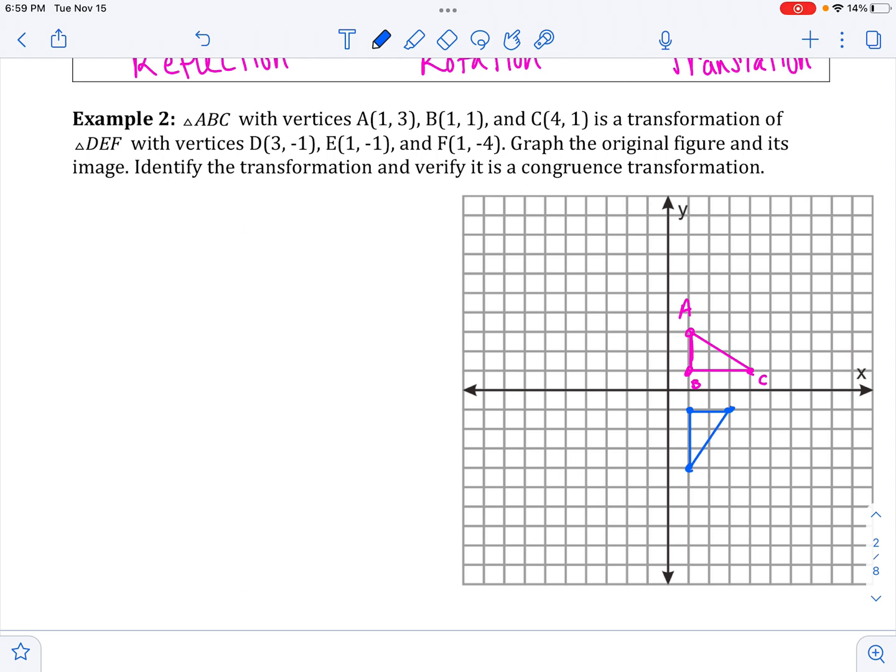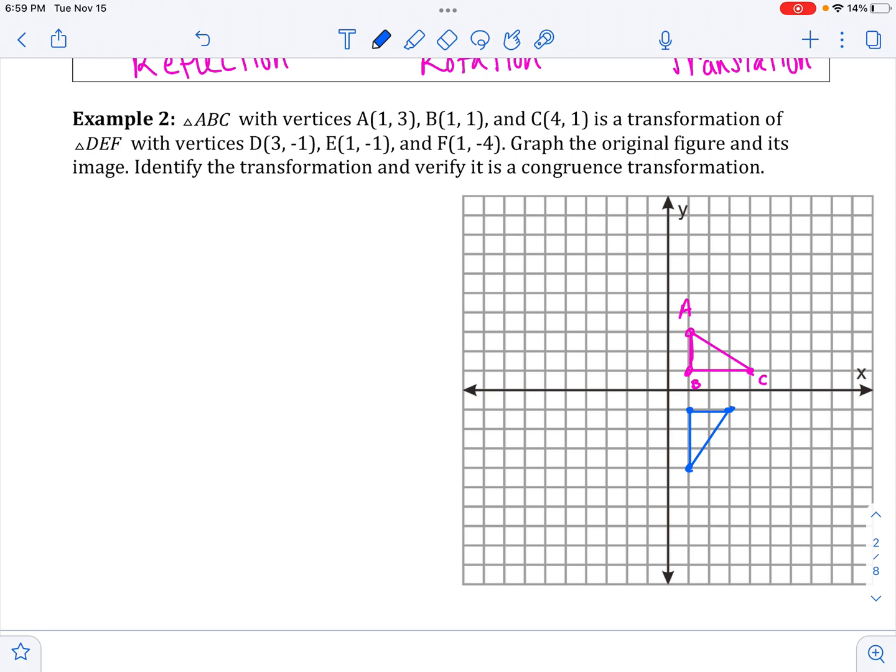And I'm hoping to show that one triangle is a translation, rotation, or reflection of the other. So if I could show that ABC, if I rotate it, becomes DEF, then I would have a congruence transformation.